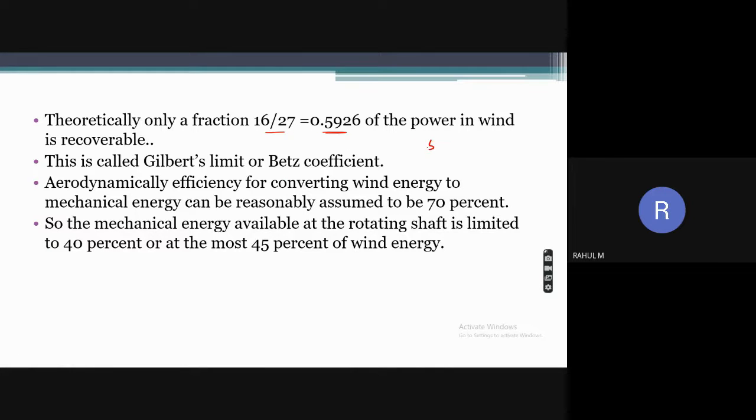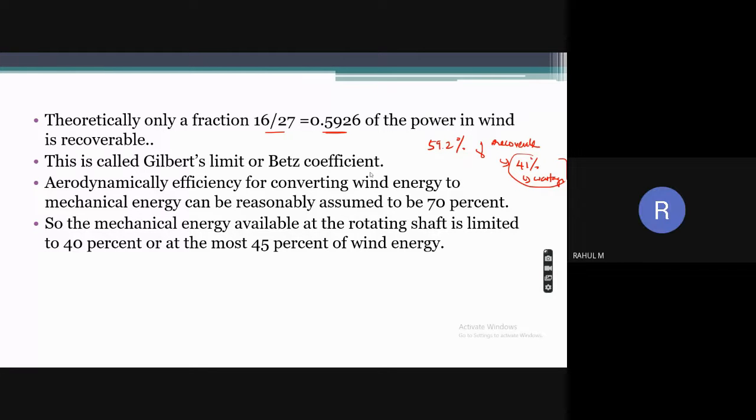That means only 59.2 percent of the power generated by the wind is recoverable, and around 41 percent is wastage, so it cannot be utilized. That limit is called the Betz limit or the Betz coefficient. I hope it is clear for you.